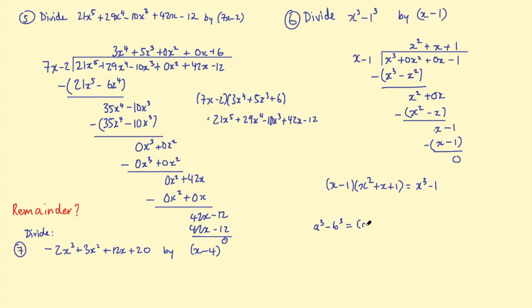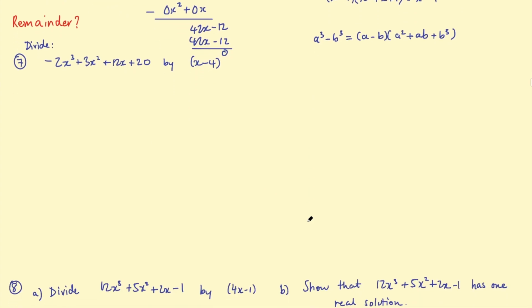This is going to be a take b multiplied by a squared plus ab plus b squared. Okay, so that's the identity for the difference of two cubes, which we just did here for x cubed take 1. You can see this is a take b, or x take 1, multiplied by x squared plus 1x, which we just wrote as x, plus 1 squared, which we just wrote as 1. Okay, so there we go.